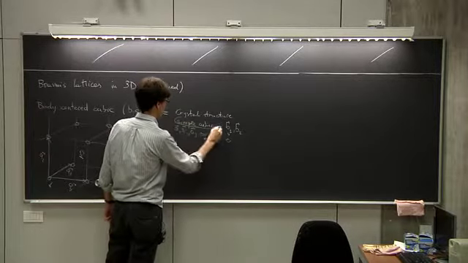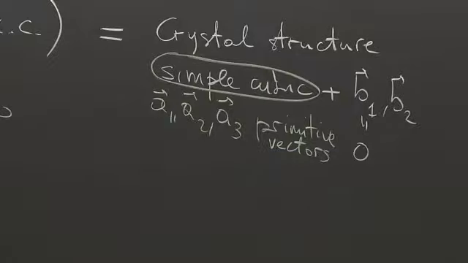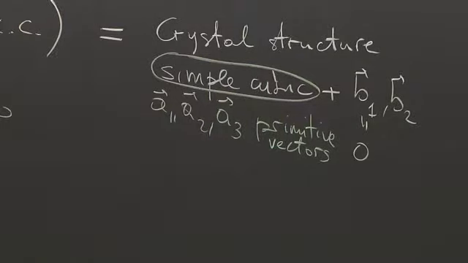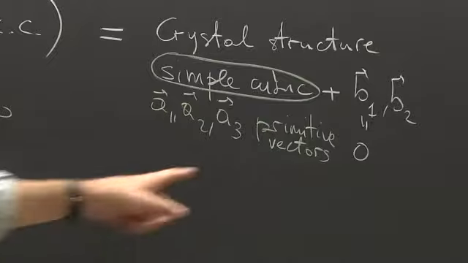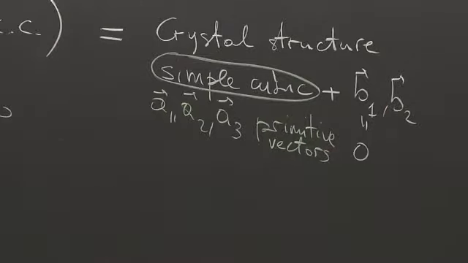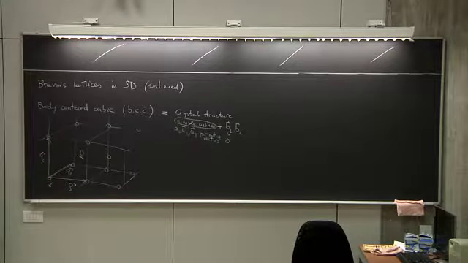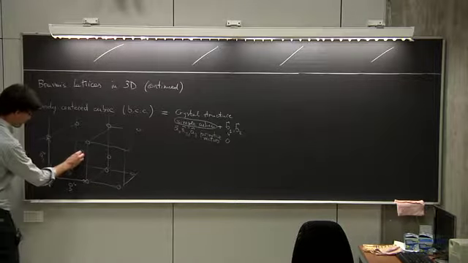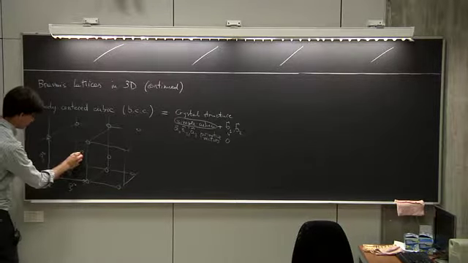So the green vectors are the primitive vectors of the simple cubic lattice that generates this crystal structure, on top of which I'm adding the two elements in the basis, B1 being this one, and B2 being this vector here.